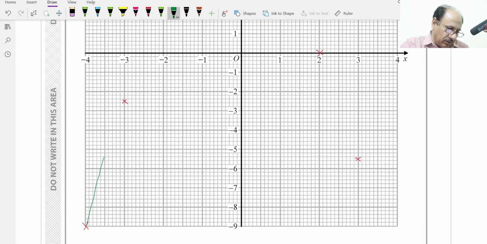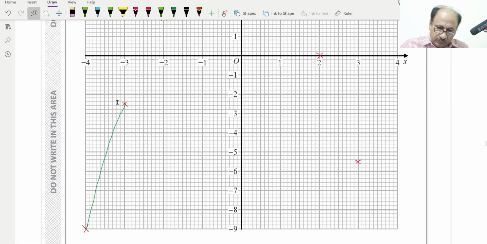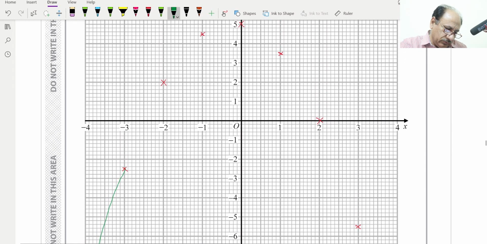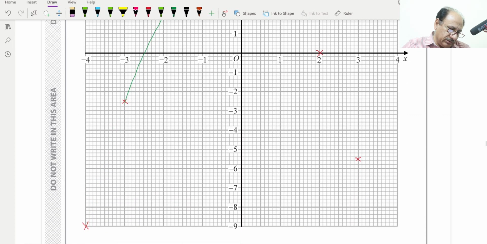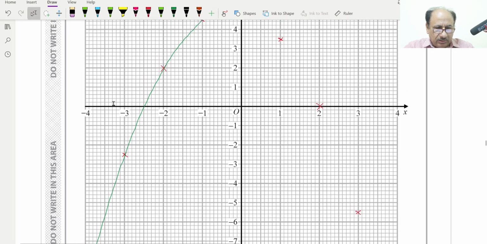I will try to draw as smooth a curve as possible. So we can draw like this, and this is correct, but I want to just rectify this portion. And now this is, I think, better than earlier.